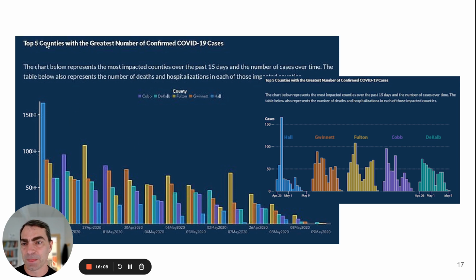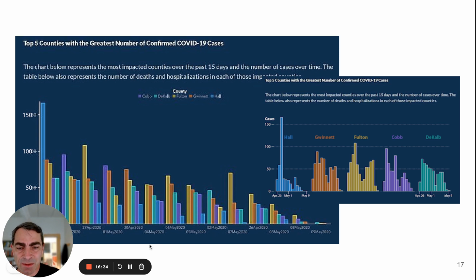The intent of this chart was to show the top 5 counties with the greatest number of confirmed COVID-19 cases over the past 15 days. And if you look at this chart, the first impression that you get is that there is a decrease in the cases over time, right?